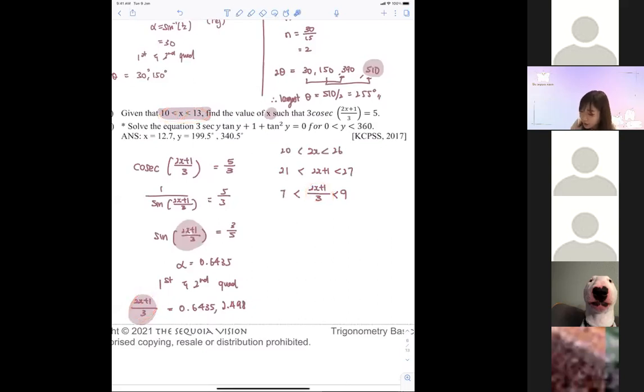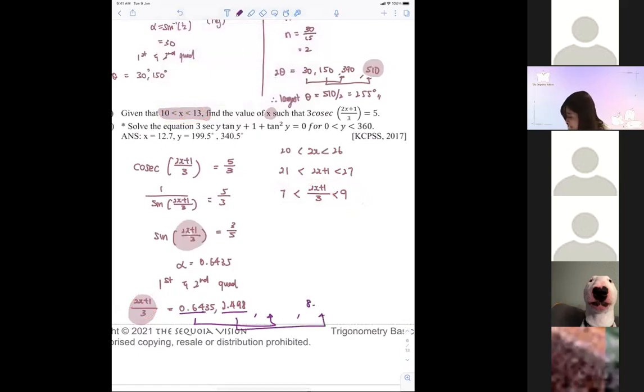So you want everything between 7 to 9. This is definitely not 7 to 9. So you can plus minus 2 pi to get what you want. So this one definitely you must plus 2 pi. We plus 2 pi, okay? So quadrant value plus 2 pi.